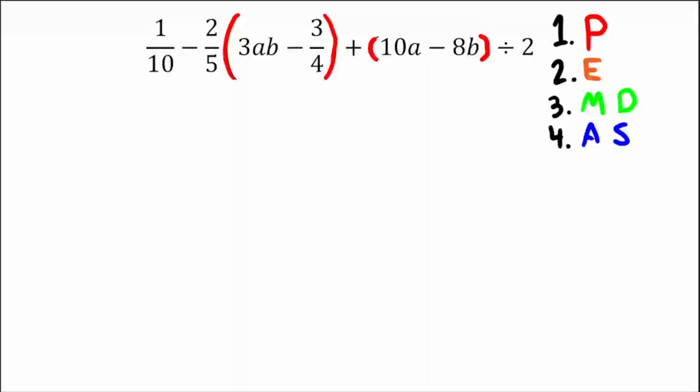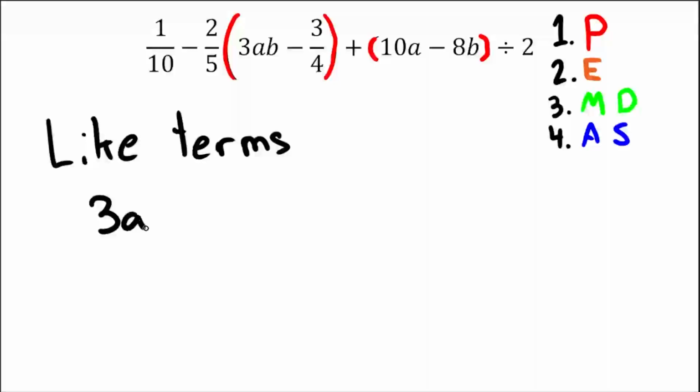I'm just going to show what like terms are. It's like if you add 3a plus 4a, it gives 7a. You can mix these two because they're like terms. We have 3a and 4a. They're like terms because there's an a there and there's an a there.